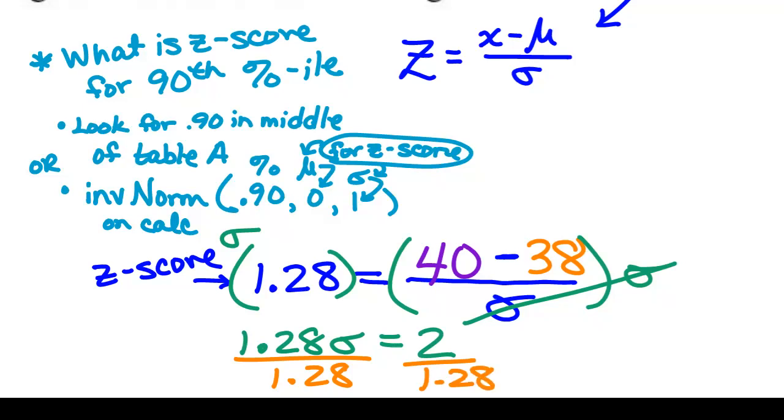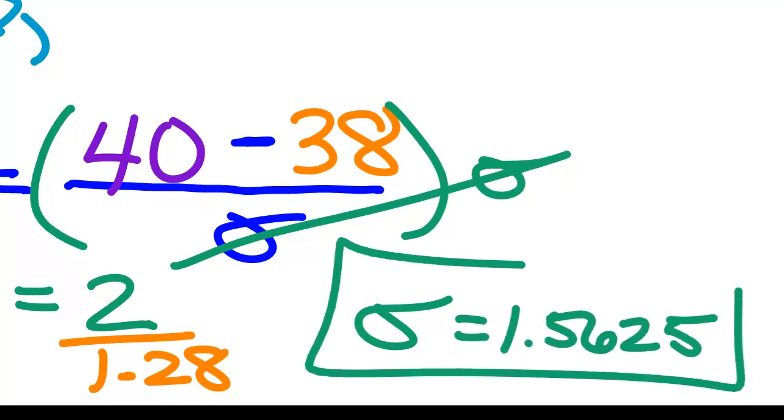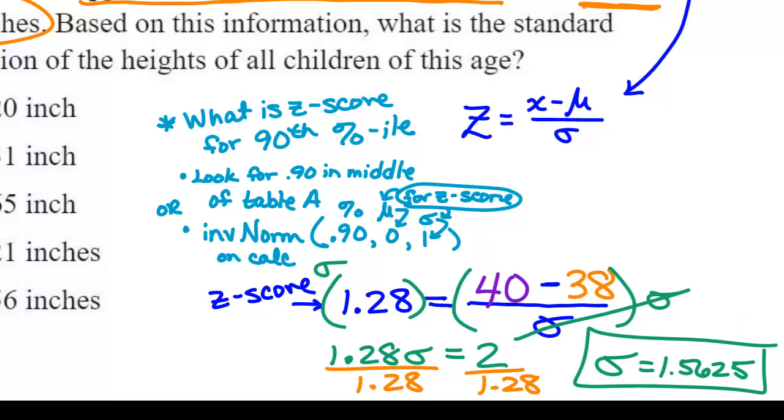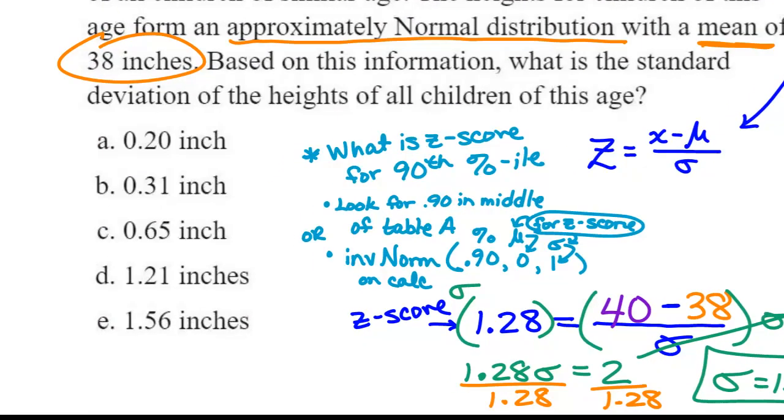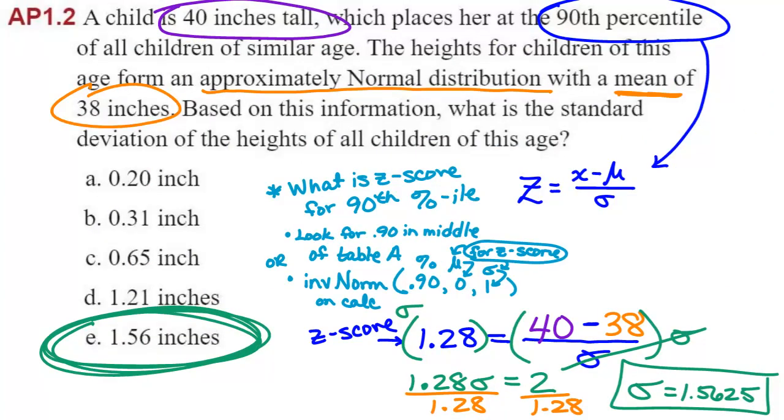That would give me my sigma. So 2 divided by 1.28 is 1.5625. Then I come over here to my choices. 1.56 inches right there.